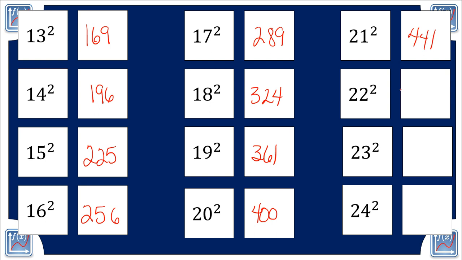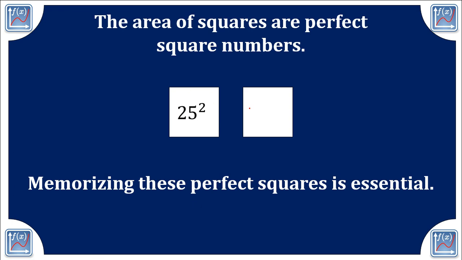And then we have 22 times 22, and that gives us an area of 484. 23 by 23 is 529. And then we have a 24 by 24, and that area is 576. And the last one we need to be familiar with is a 25 by 25, which is 625. So all these areas are perfect square numbers. That means we took an integer, such as 25, and we multiplied by itself, and we got this product.